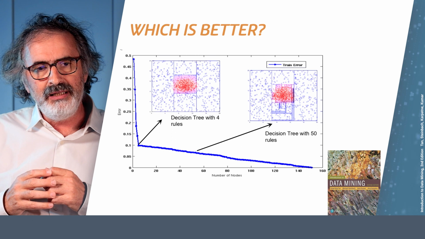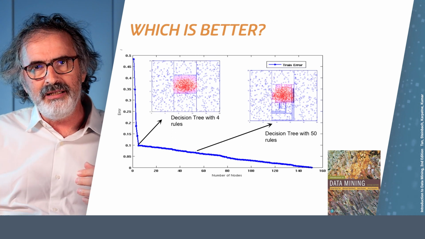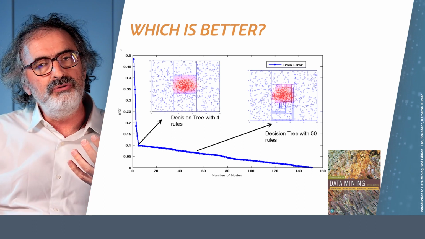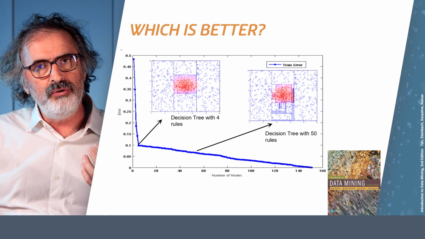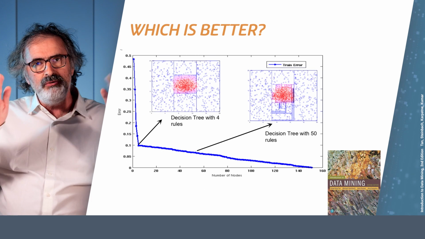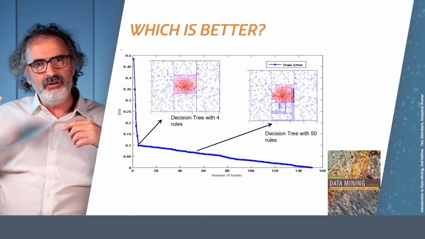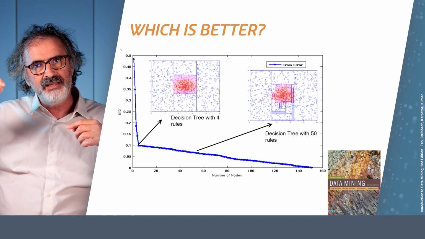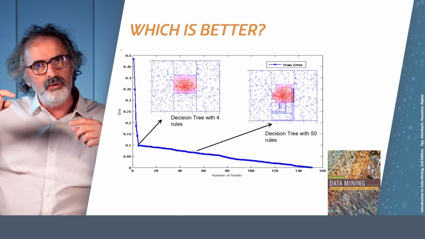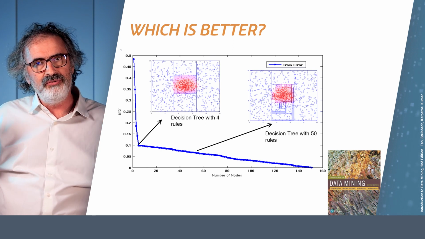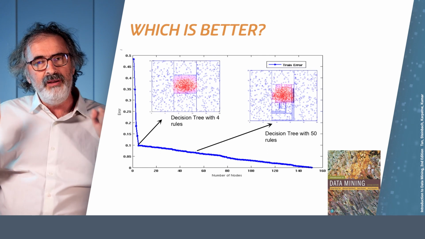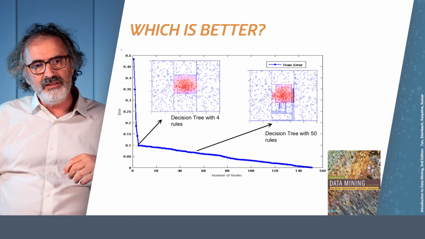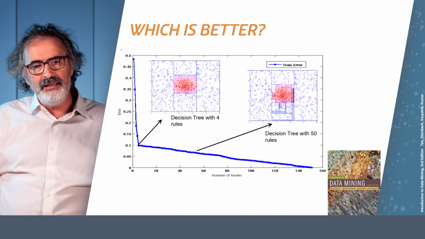So obviously, if we look at the learning data, the 50 rules will fit the data better than the 4 rules. If I only do 4 rules, there's obviously going to be some red points which are going to be inside the box or some blue points that will be outside the box. These are, of course, mistakes. But if I do many more rules, I will be fitting nicely. So this is what my blue line is illustrating.